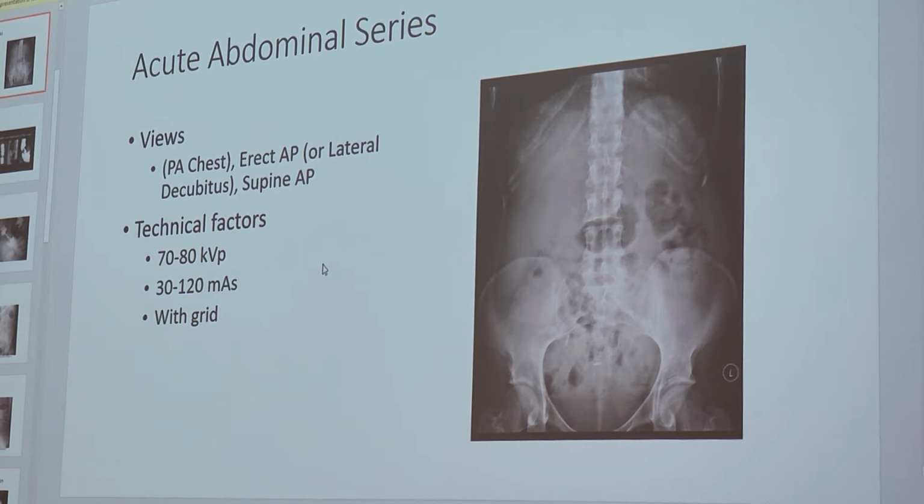However, the exam may say abdominal series, upright and supine. Now that tells you we're going to be doing multiple images. One of them will be an upright abdomen, one of them will be a supine abdomen. You may even get an abdominal series where it says abdominal series, chest, upright and supine.